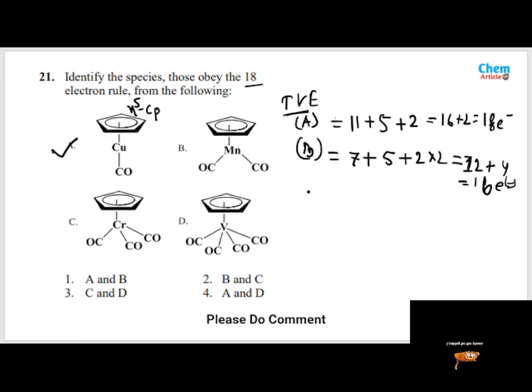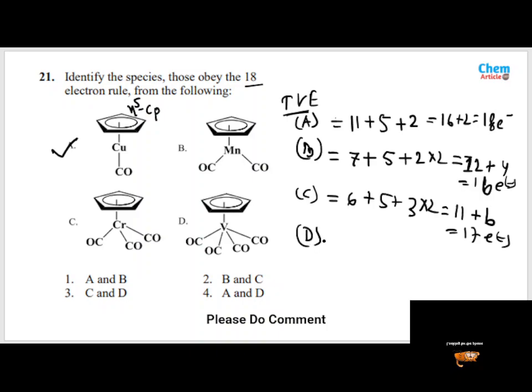Now see C. Chromium has 6 electrons, plus 5, plus 3 into 2, 6, so 11 plus 6, that is 17 electrons.